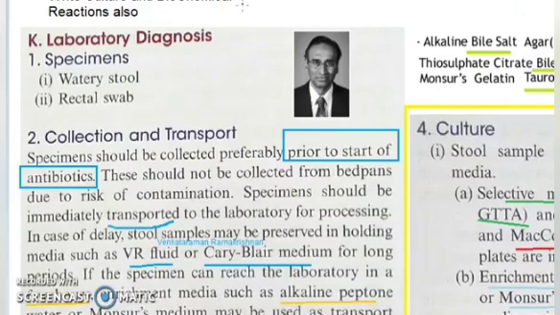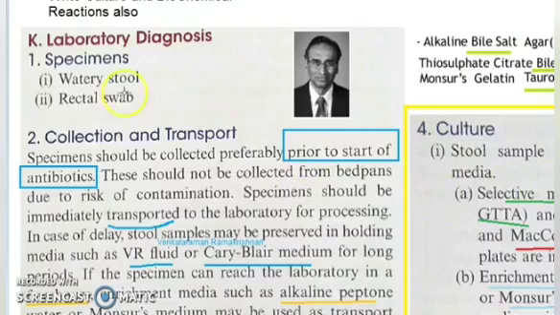So in the last video we saw the first part of the lab diagnosis of Vibrio cholerae, where we have to collect the specimens and then transport them using Venkatraman Ramakrishnan media or Cary Blair media.